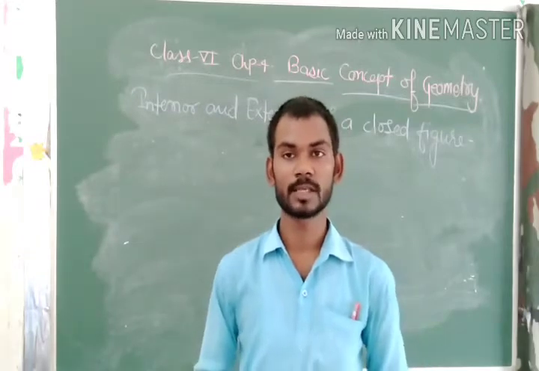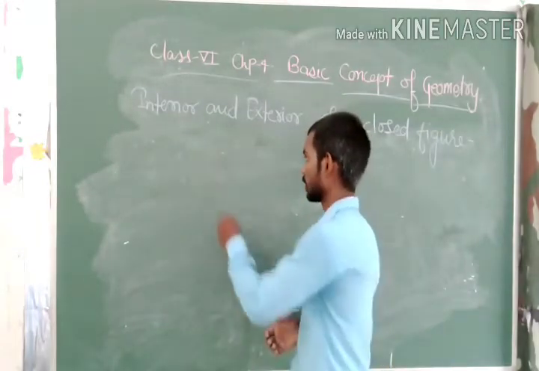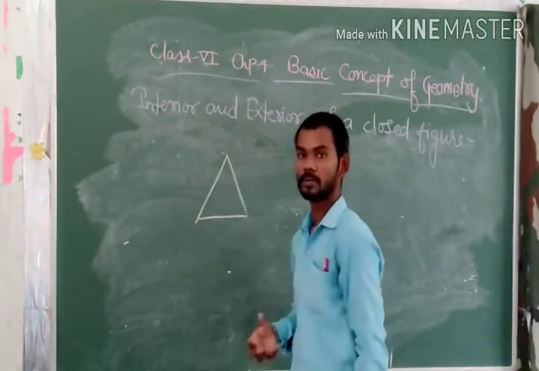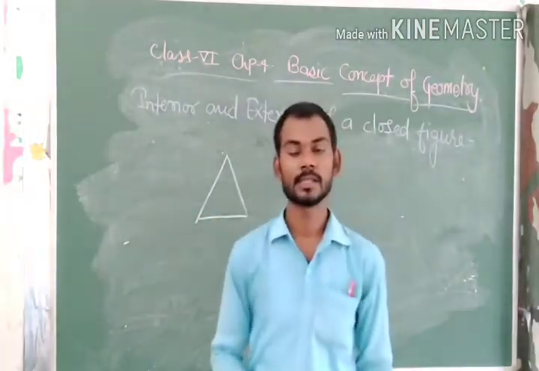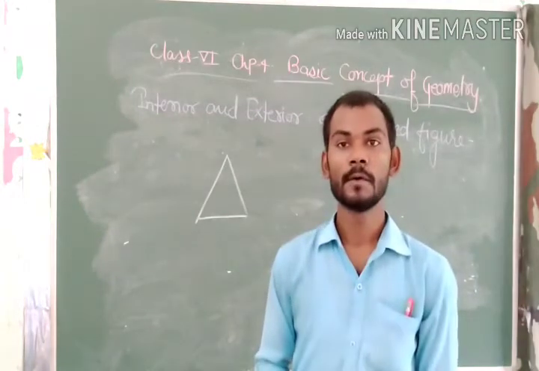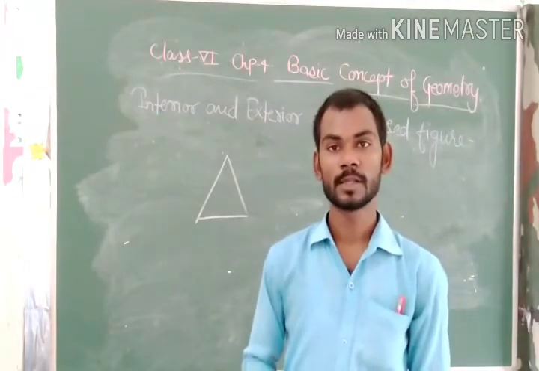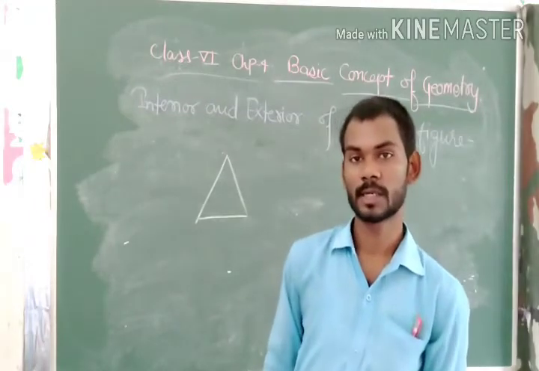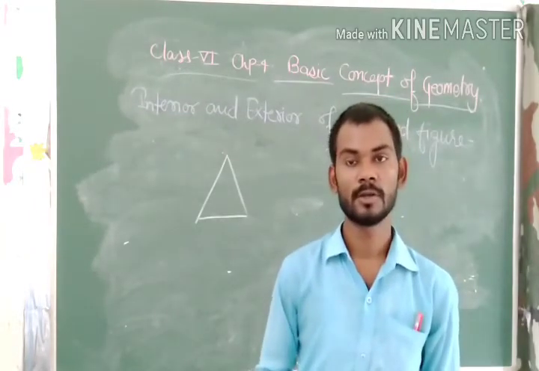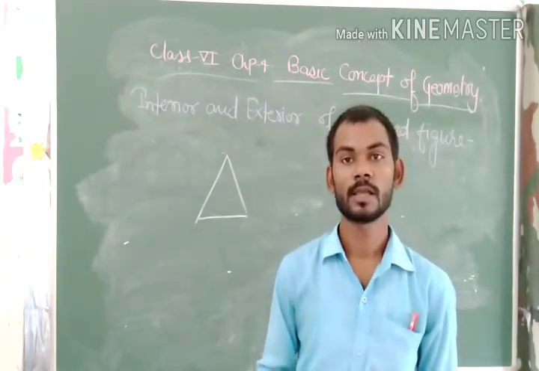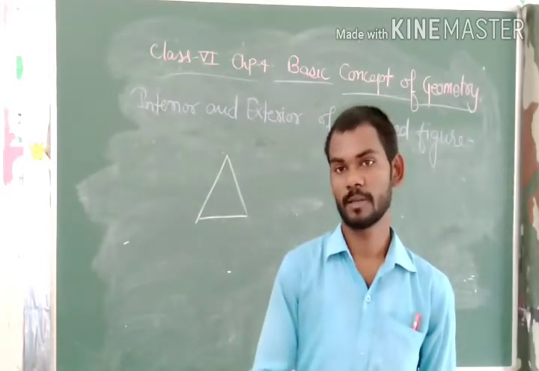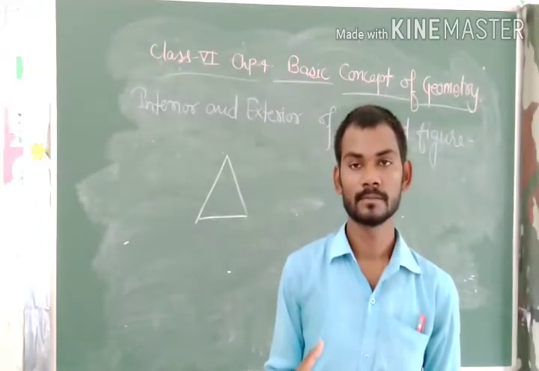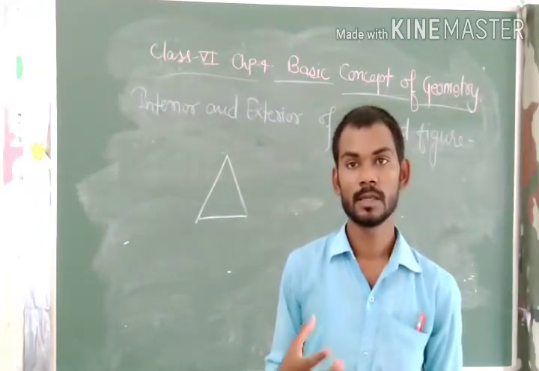I gave the example of a triangle, which is a polygon formed by three line segments, the least number of line segments.